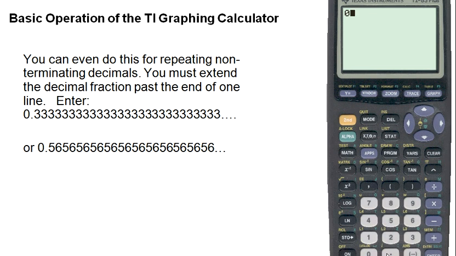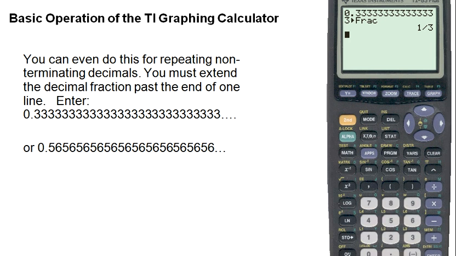So I'll start 0.3333, and I'll just keep making 3's until it wraps around. And then I'll hit Math 1, enter, and the calculator assumes it's going on forever, and it gives me exactly the fraction 1/3. That is what the non-terminating decimal 0.3 with repeating 3's forever is equal to.